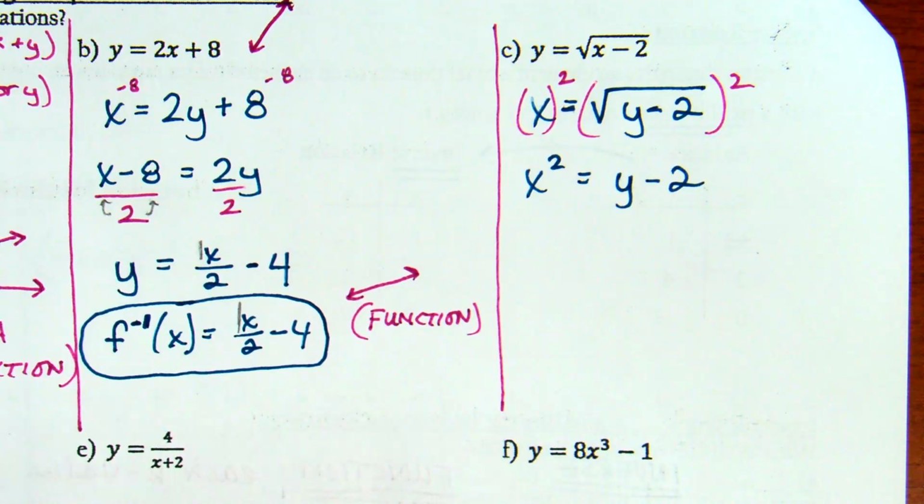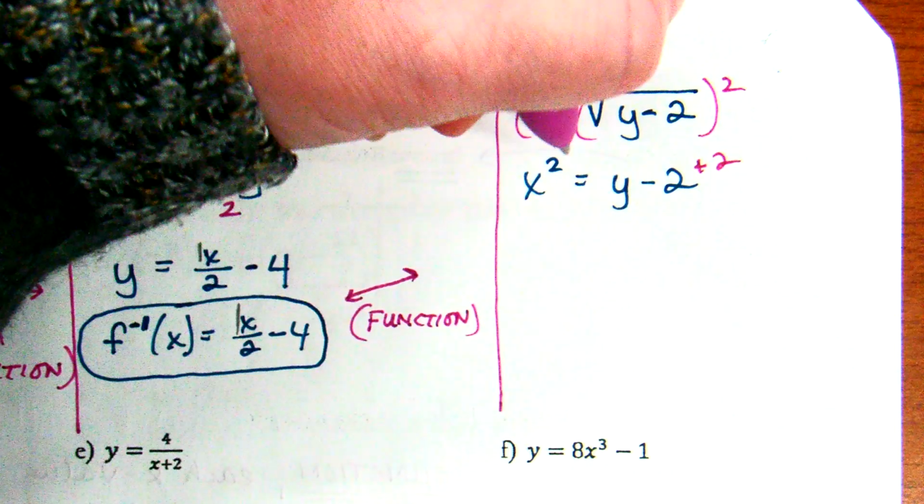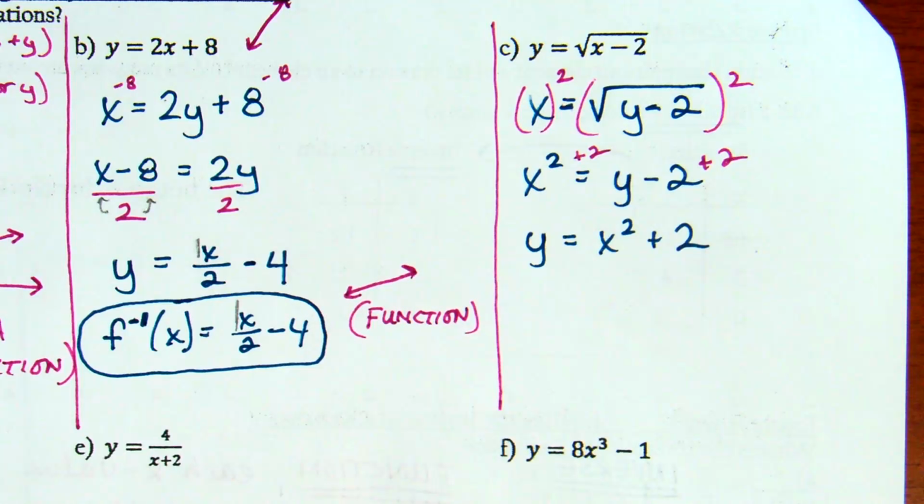How do I solve for y? It's y minus 2. Let's add 2. If I add 2 on the left, add 2 on the right. And so I now end up with y equals x squared plus 2.